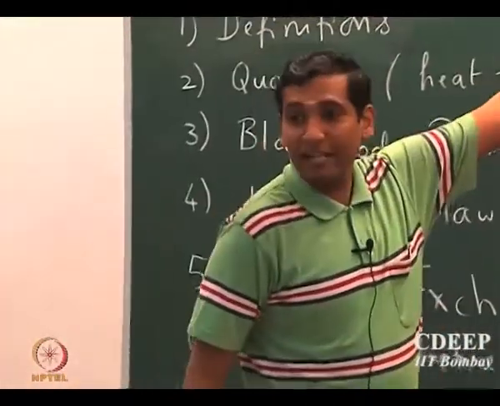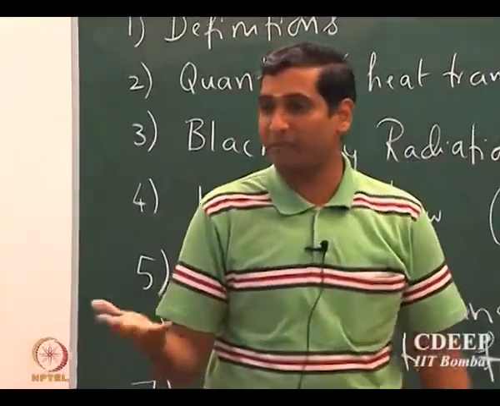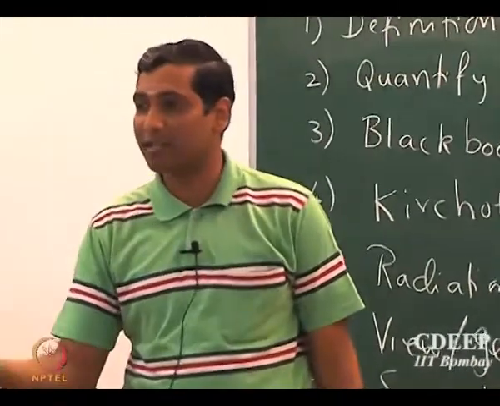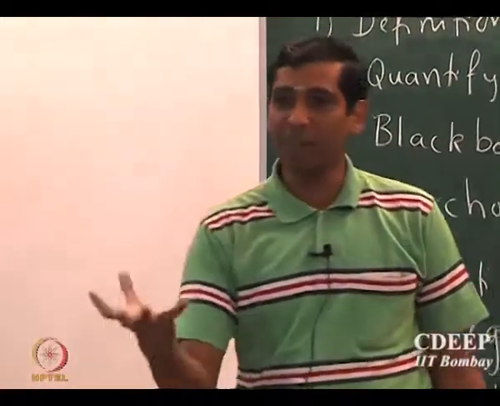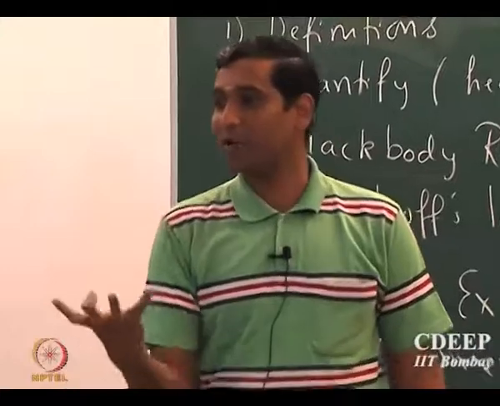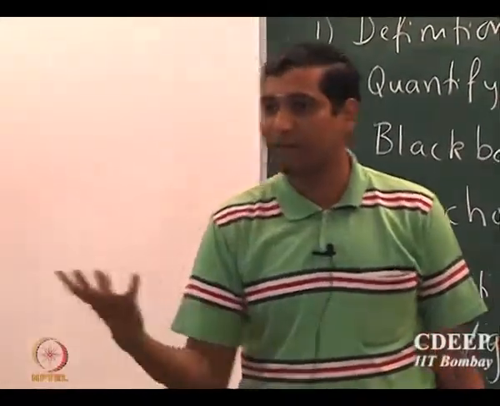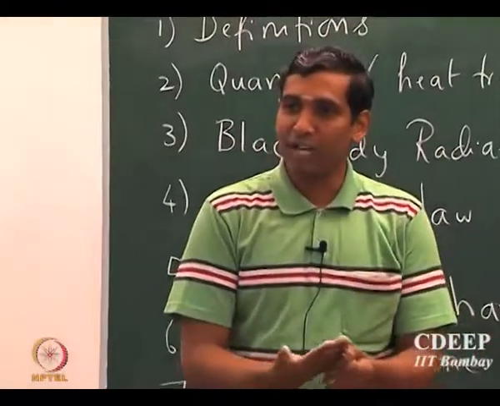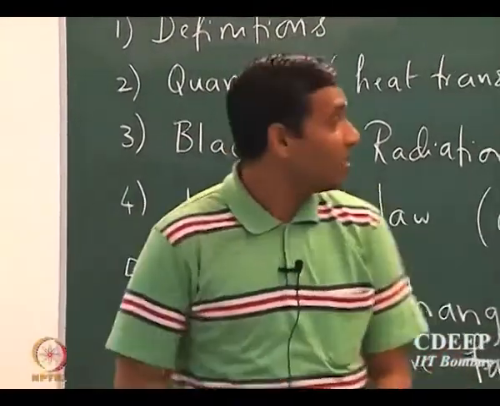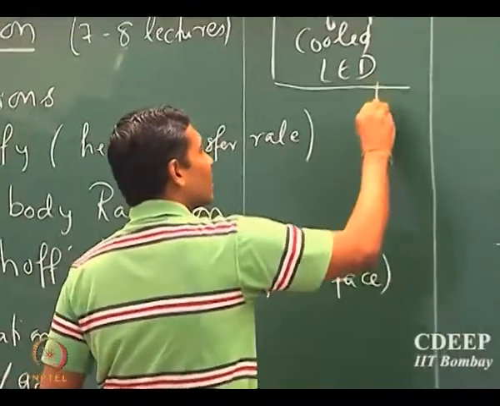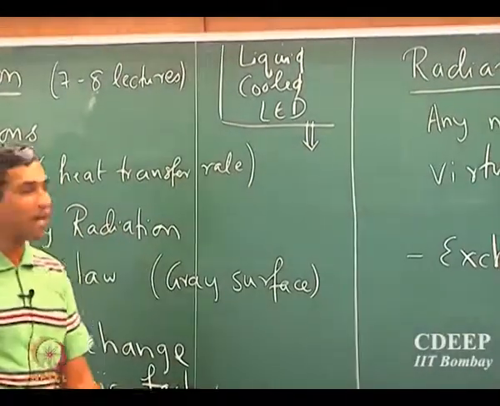So the life of an LED lamp is dictated by how one can control heat transfer, how one can keep the chip below the LED at a normal temperature. If one is able to do that, you can have a longer life for the LED. So these liquid cooled LEDs are going to be the next generation bulbs.